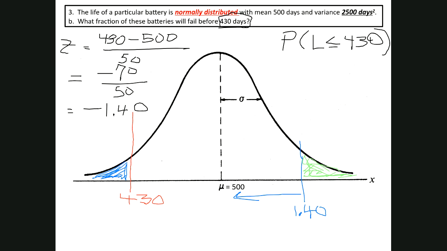This area and this area are exactly equal because of symmetry. And so that's how we can use this positive table to find this area. Under the curve, these two areas are going to be exactly the same. So let's see how that works.